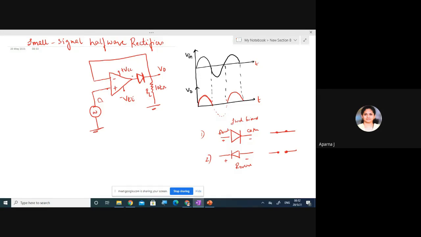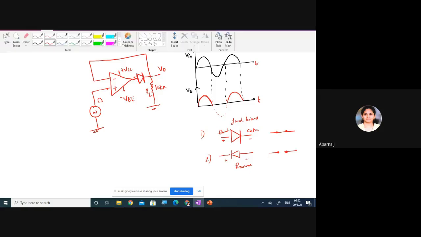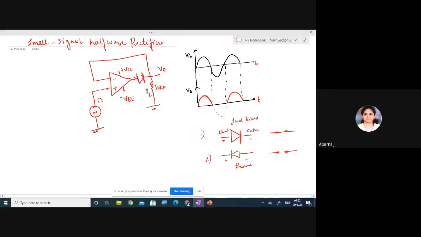Whenever there is a positive voltage here, obviously the diode will conduct and it is going to act as a short circuit. Now since this looks like a voltage follower, for the positive going input, output is also positive going.